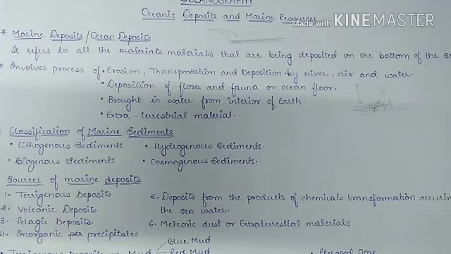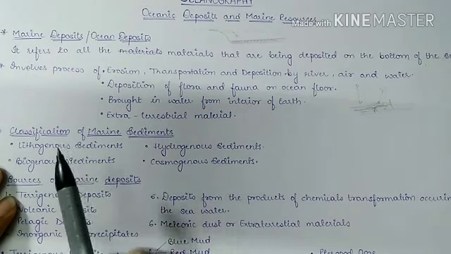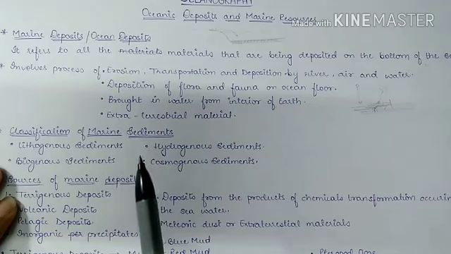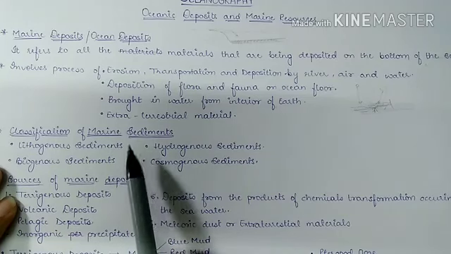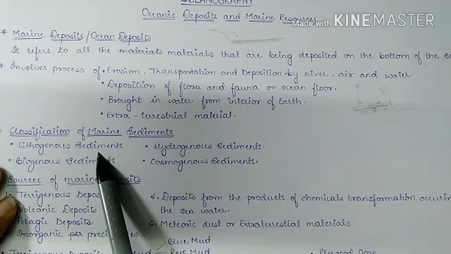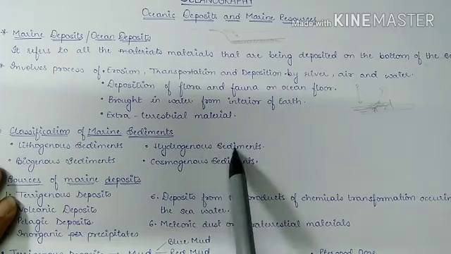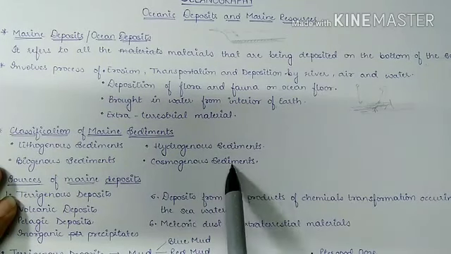So we classify marine sediments into four basic types: lithogenous, biogenous, hydrogenous, and cosmogenous.